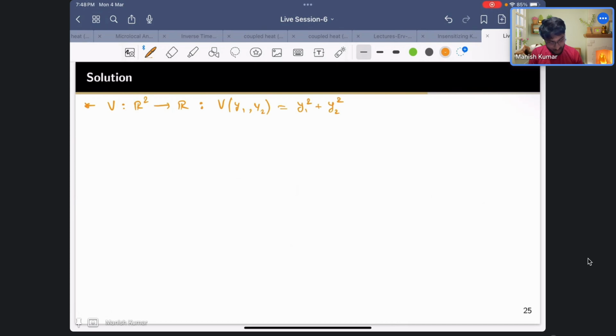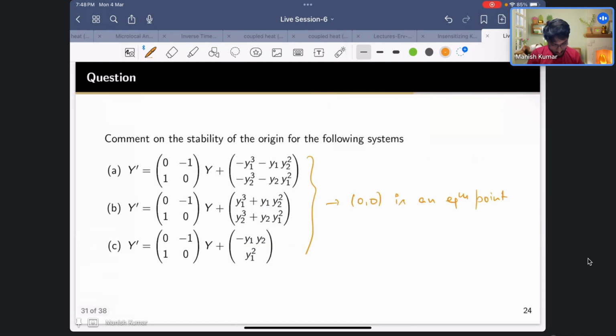You can clearly see that this V is positive definite. The second thing you can check is that grad V is (2y1, 2y2). This is the general thing we have got. Now let us look at each of the problems one by one. Let us consider this one.